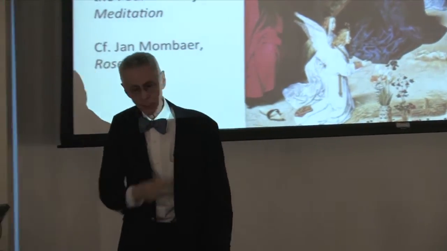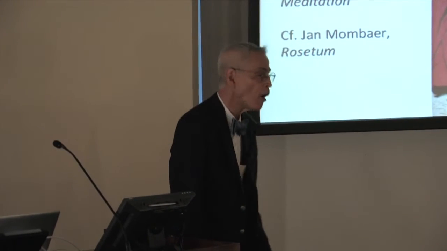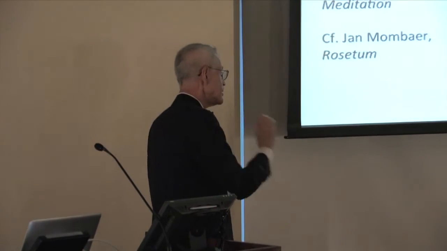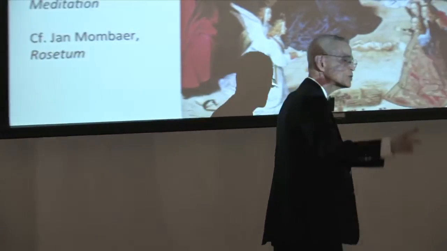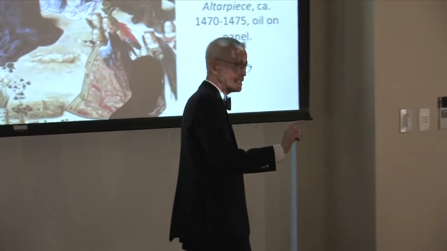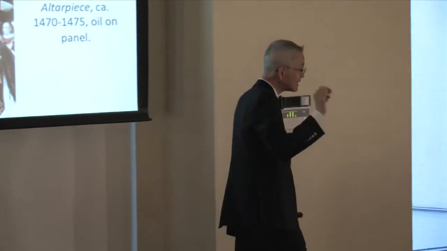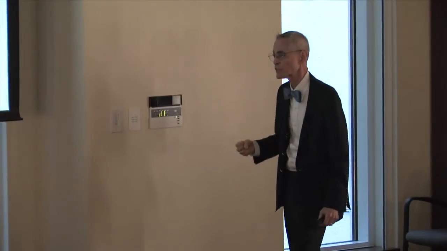Indeed, when he painted this picture, he was a member of a community of monastic brothers and lay brothers, and this was called the Red Cloister. He was living at the Red Cloister, a member of this community.